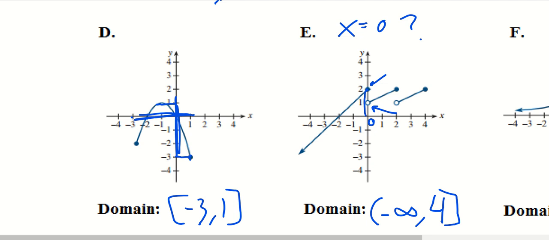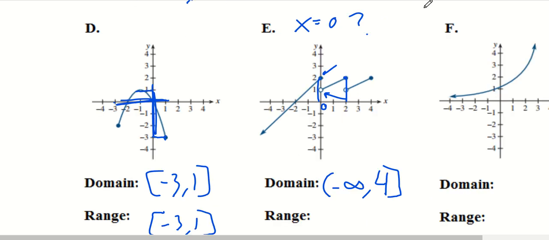Same thing happens for x equals 2. x equals 2 is in the domain because this point is included, and this point has an x value equal to 2. So even though there's some jumps and breaks, we still take on every single x value from -infinity to 4, and so that's going to be our domain set. Let's now do the range of this graph.